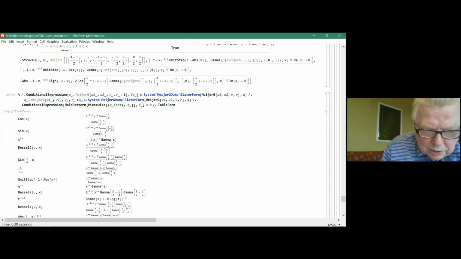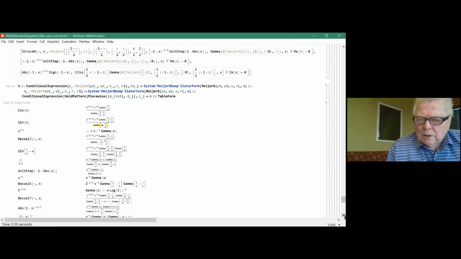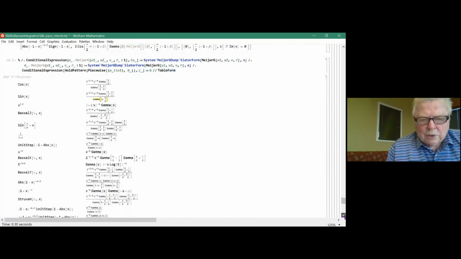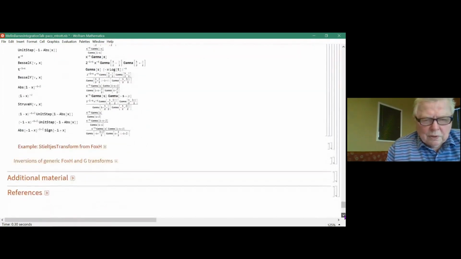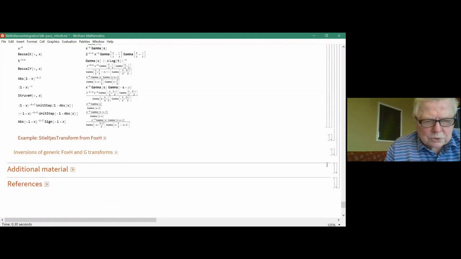You see here plus s. Now such classification we can provide for sine transform Fourier. Sine transform Fourier, you see plus s here and minus s here. It is a kernel for Fourier transform. So as I explained, practically all classical transforms are particular cases of FoxH or MeijerG transforms.